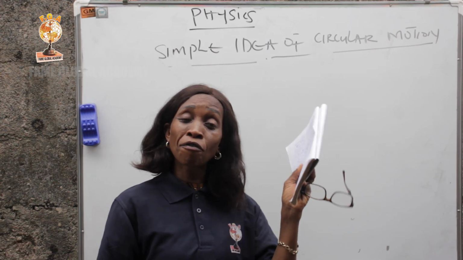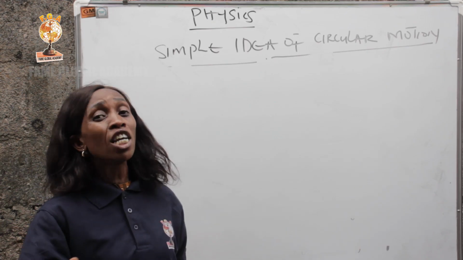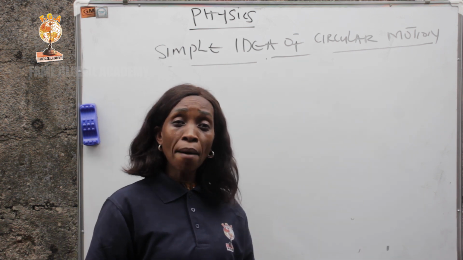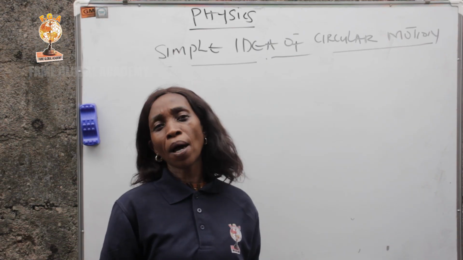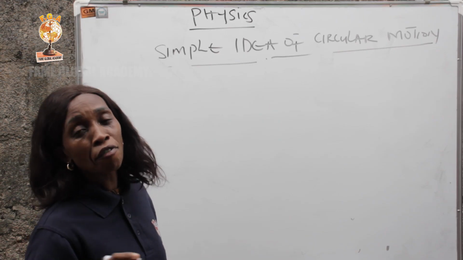Remember, we said in the first two classes that acceleration is the change in velocity. So if the velocity is changing with time, that means the acceleration is directed towards the center of the circular path. This is now called the centripetal force.